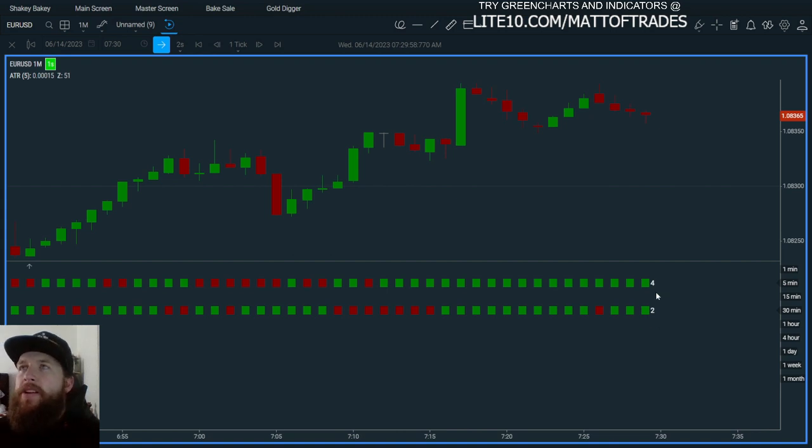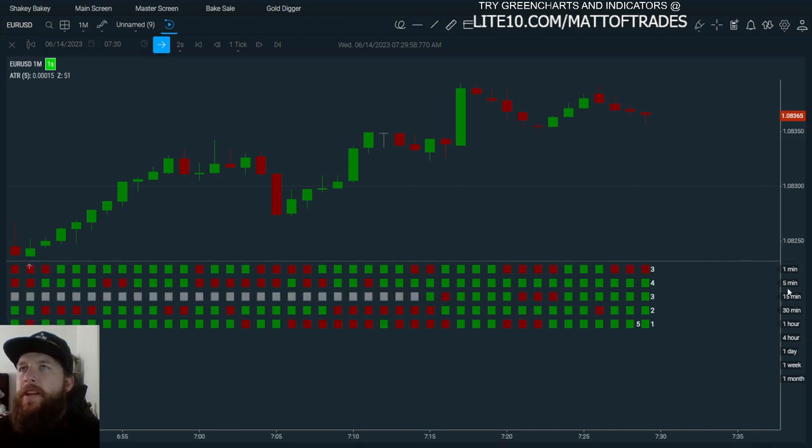So that's one way you can use it. Also, if you have your 1 minute through your 1 hour all the same color, that's a pretty good indication that whatever trend you're in is pretty strong. You could work out some trade plans just based off of that.